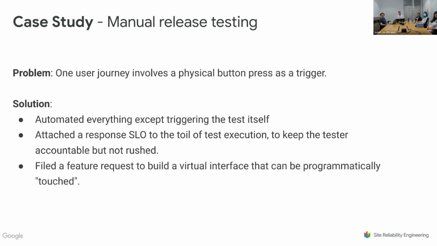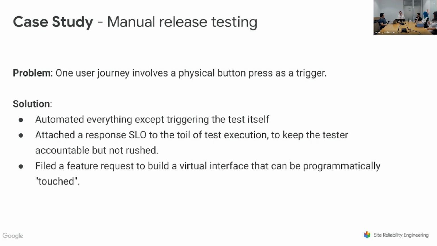A fully automated solution would involve building a virtual interface where it thinks that it's getting touched, but that might not actually simulate the full experience of touching it. So we could build something that does it.